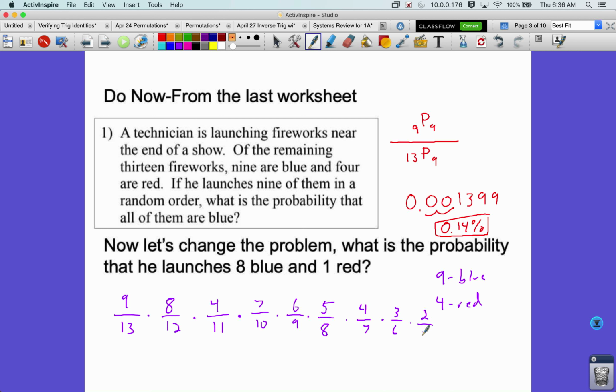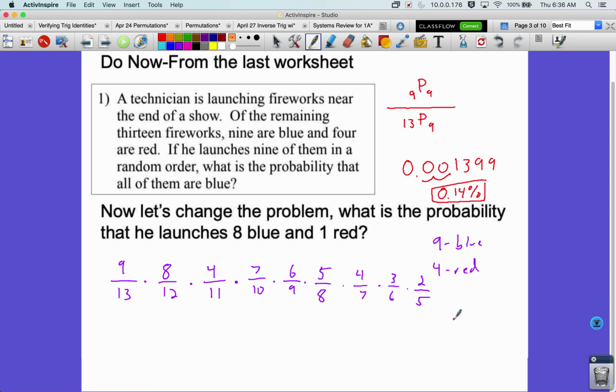And then he's got a 2 out of 5 chance for that last one being a red. Okay, so this will give us the exact probability for this specific order: blue, blue, then a red, and then 6 more blue.